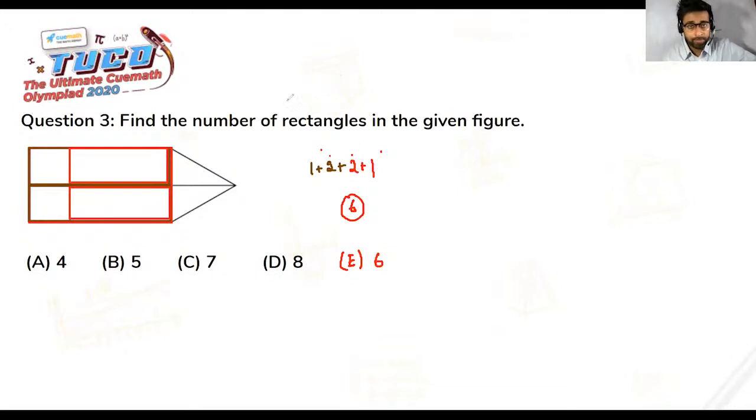But we need to look into the bigger picture again. What if there are more rectangles present and I'm not able to find them? Do you remember that every square is a rectangle? So if I consider the two squares present here, which look like squares, of course, but all squares are rectangles.